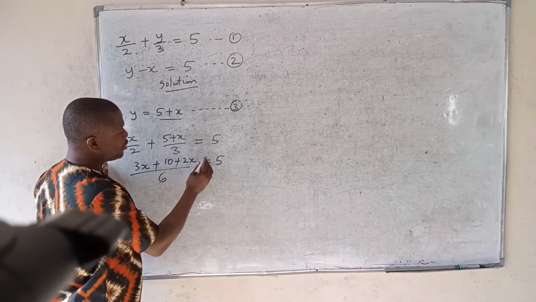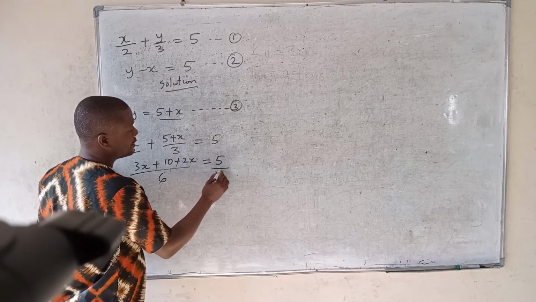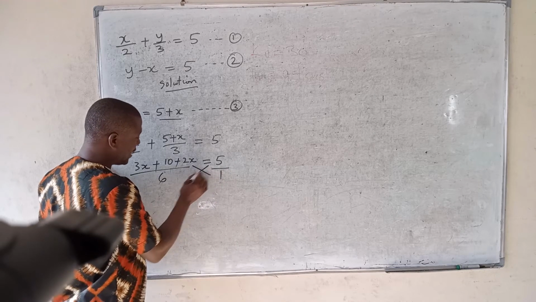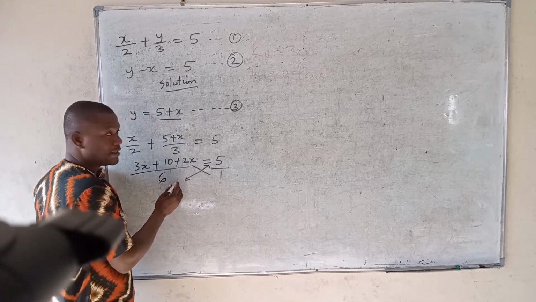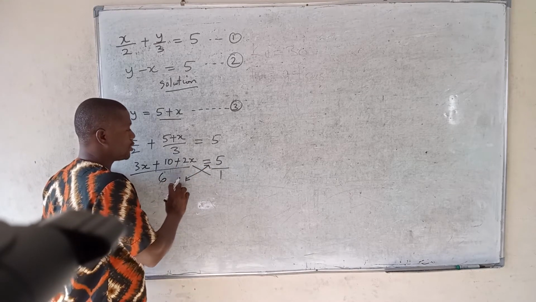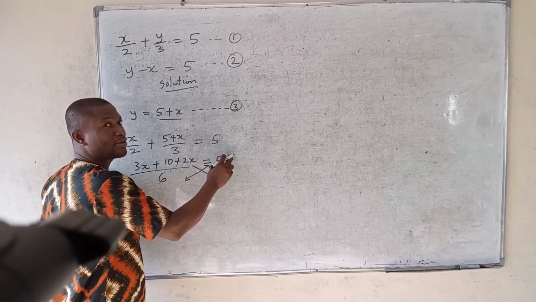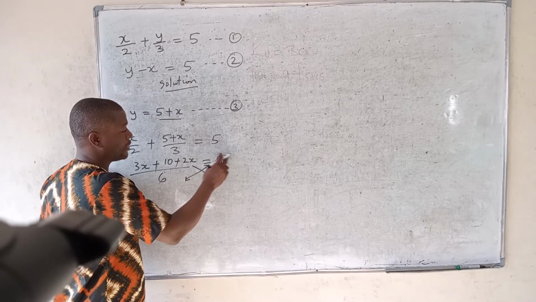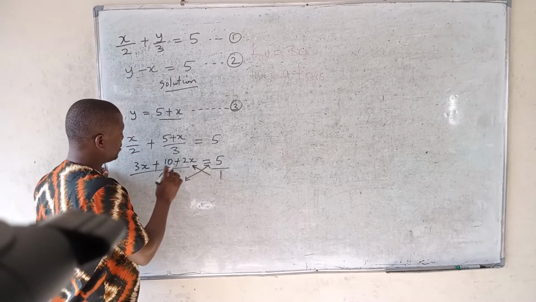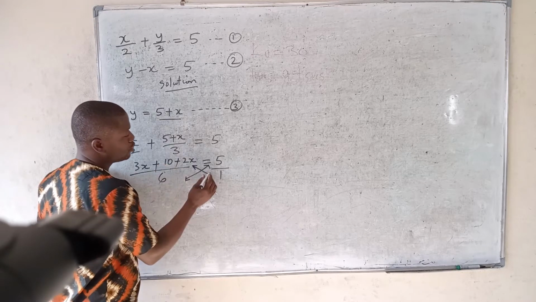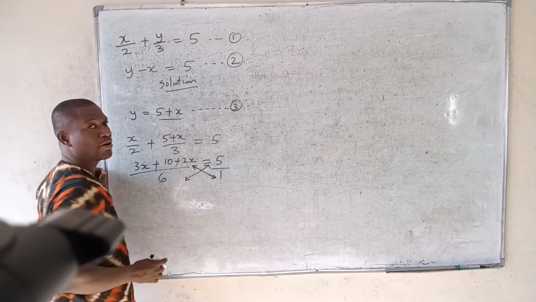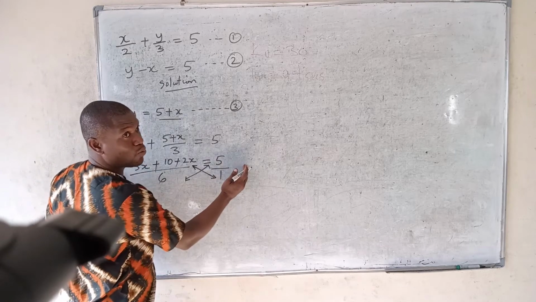So when you cross multiply, it means you're multiplying everything that is in the denominator here with everything that is in the numerator on the other side of the equation, and also multiplying everything in this numerator by whatever is in this denominator at the right hand side of the equation.